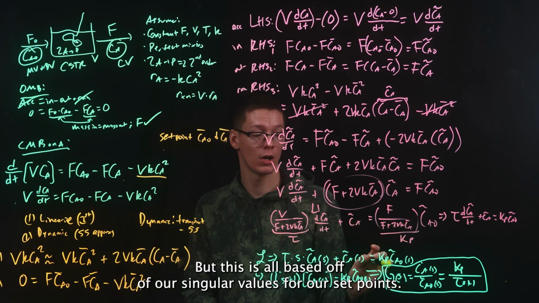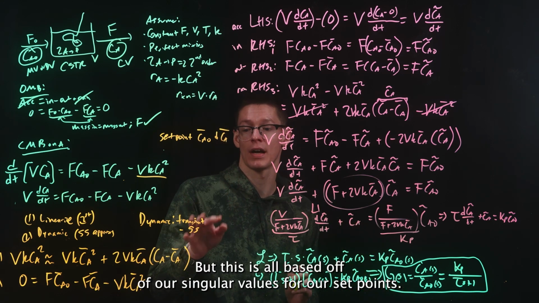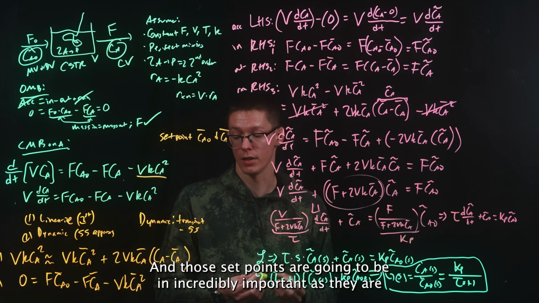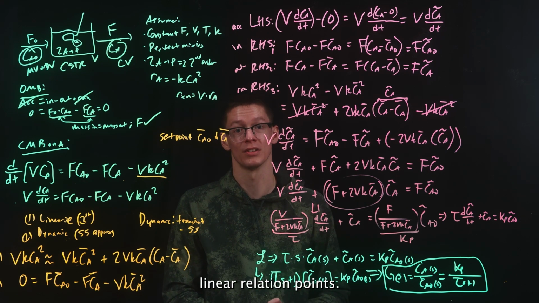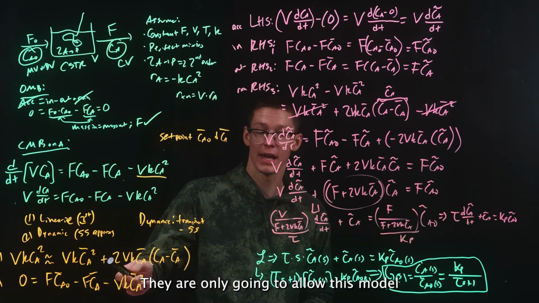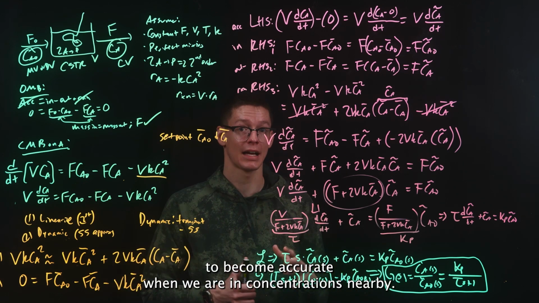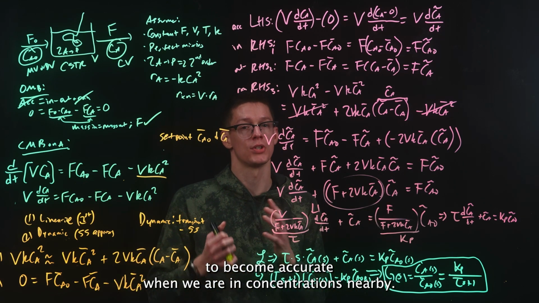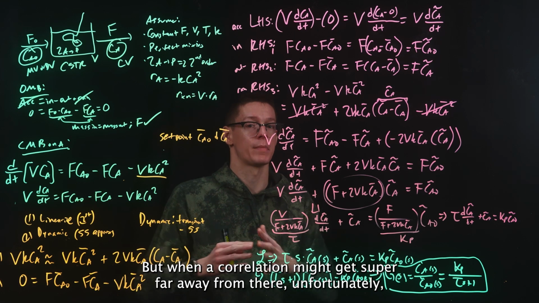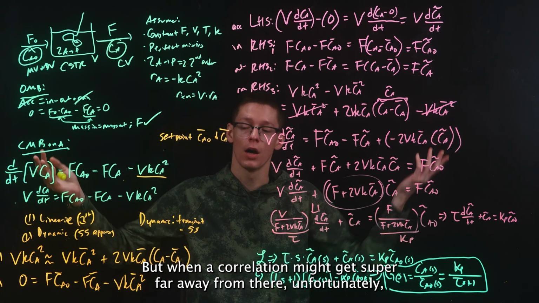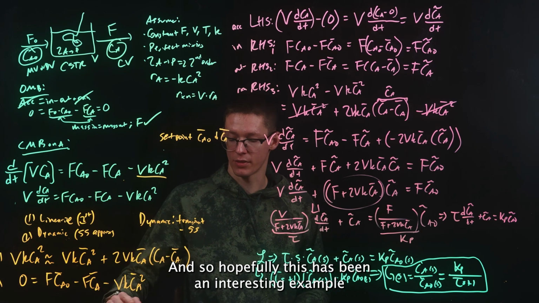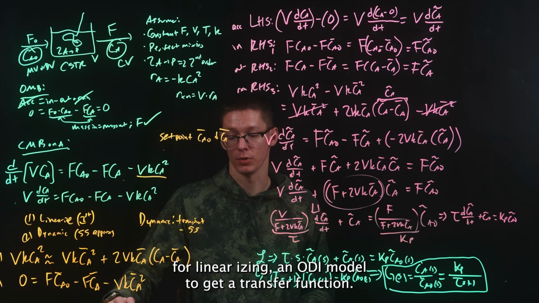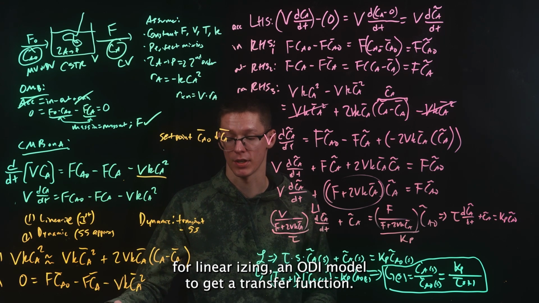But this is all based off of our singular values for our set points. And those set points are going to be incredibly important as they are our linearization points. They are only going to allow this model to become accurate when we are in concentrations nearby, but when a concentration might get super far away from there, unfortunately, that may no longer work. And so hopefully this has been an interesting example for linearizing an ODE model to get a transfer function.